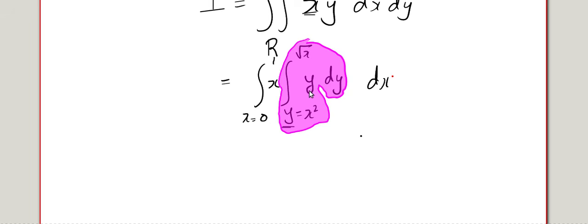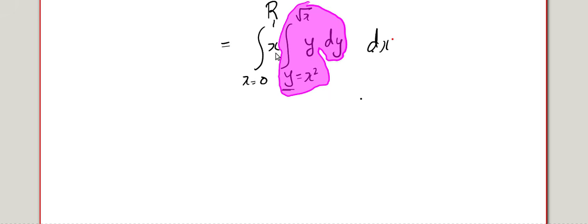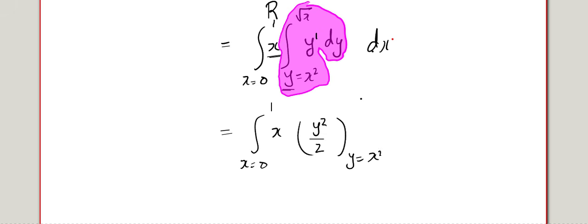Okay, now what we will do is we will evaluate the inner integral first. So please keep this x here and evaluate the inner integral first. So we get x equal to 0 to 1, x is here, and y means y power 1, so we get y to the power 2 by 2 within the limits x square to root x dx.